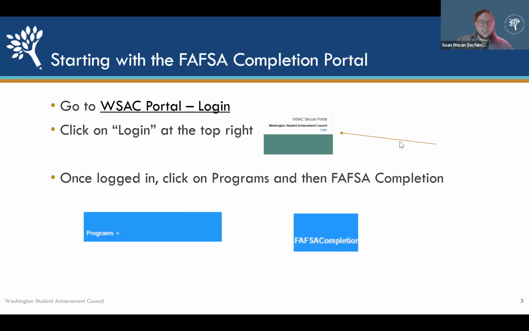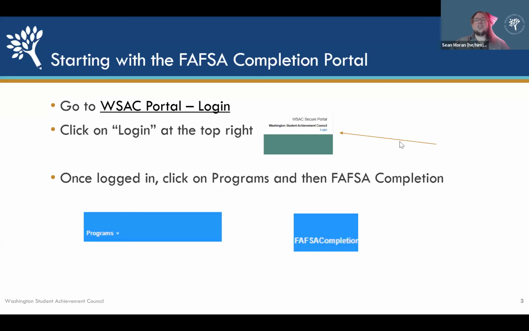So the first thing I want to talk about is I will not be showing directly the FAFSA completion portal because there is PII in there. But what I have done is I've shown some screenshots of the FAFSA completion portal. As many of you know, only those who are working directly with students on their FAFSA applications can get access to individual student level data.